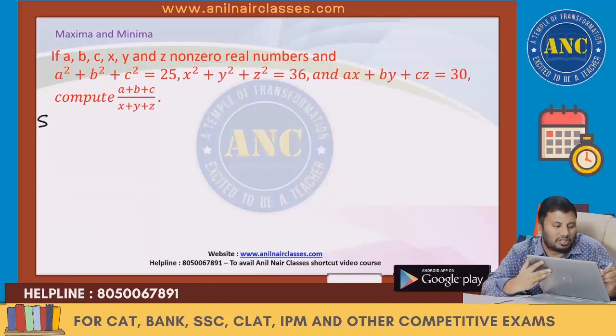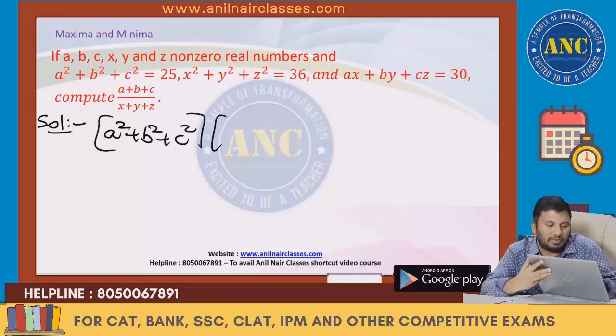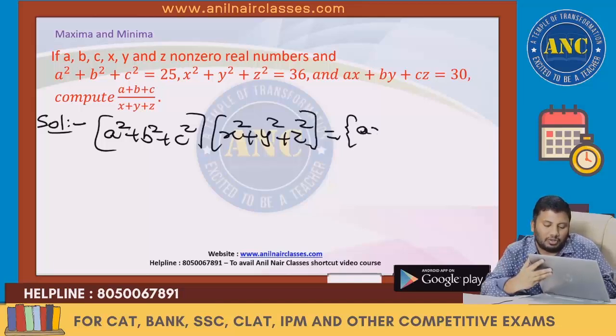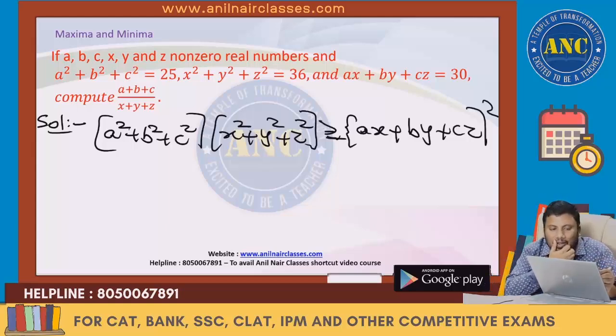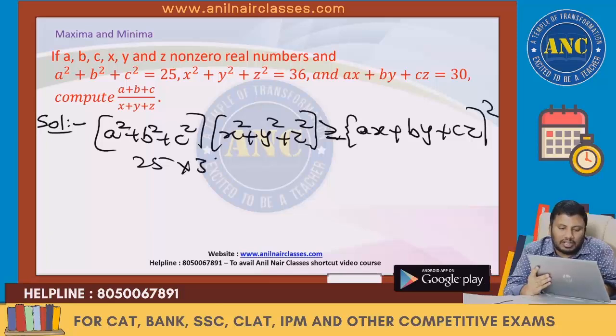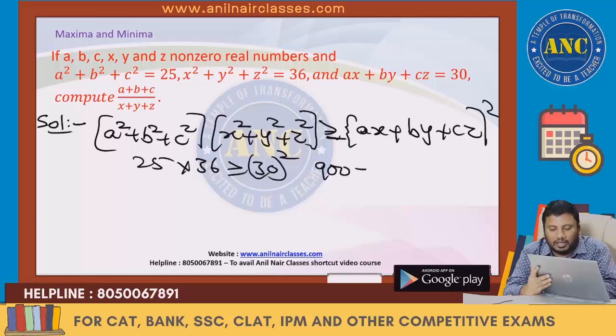So what we'll do is the solution: A square plus B square plus C square into X square plus Y square plus Z square, let me see whether it is satisfying, is greater than or equivalent to (AX plus BY plus CZ) square. It is 25 into 36, greater than or equivalent to 30 square. Yes, it is satisfying. 900 equivalent to 900.